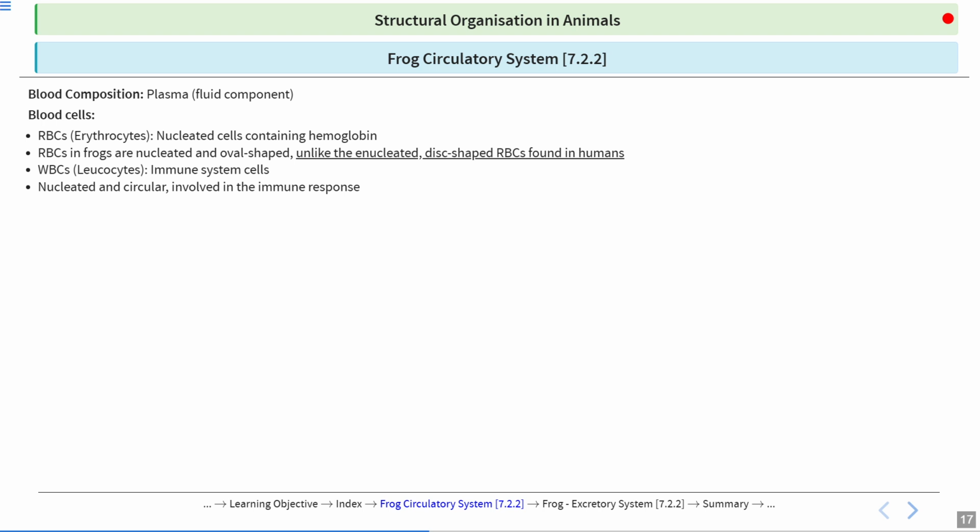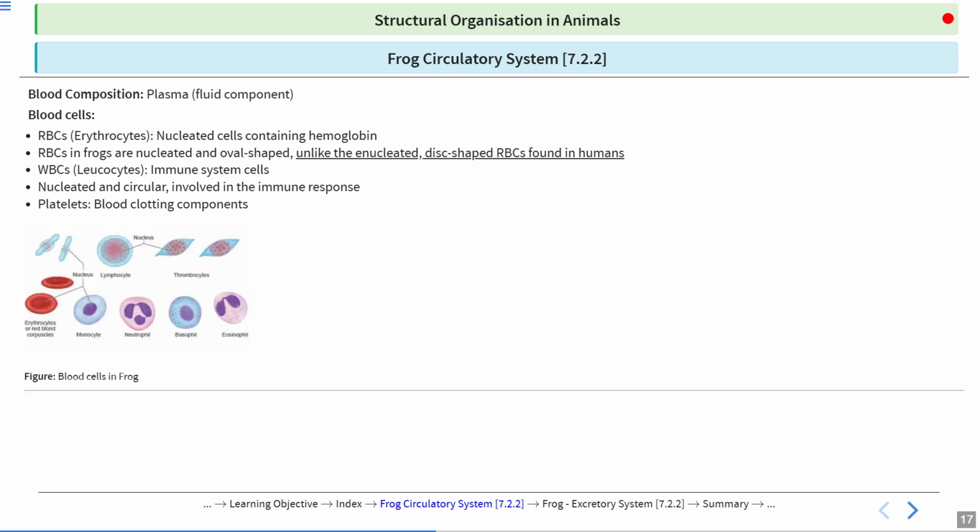If you see the WBC cells, they are nucleated and circular in shape, involved in the immune response. There are some other cellular structures called platelets. They are the blood clotting component. You all know that platelets are involved in blood clotting, right? So these are the blood cells in frog.